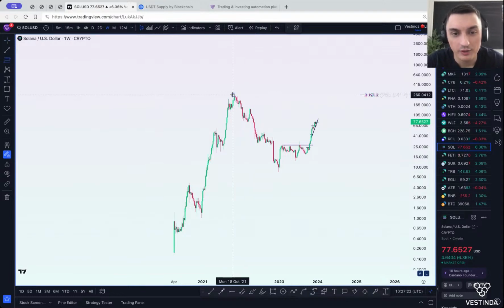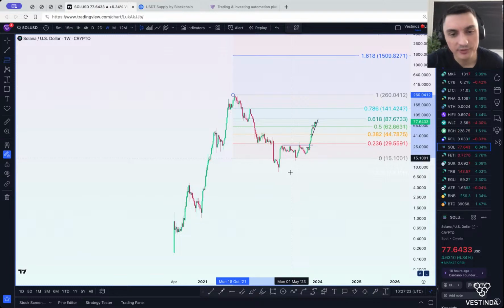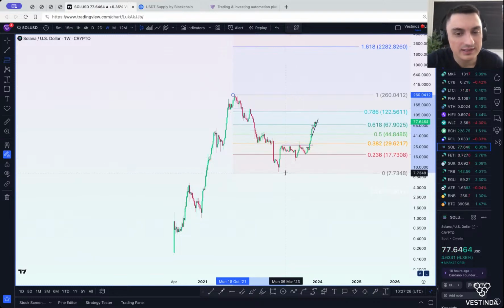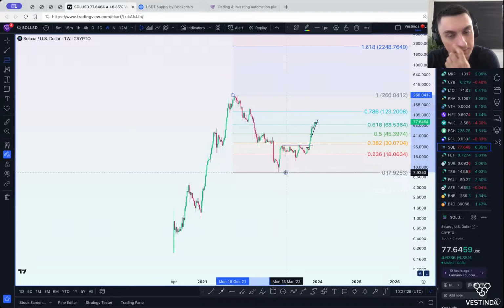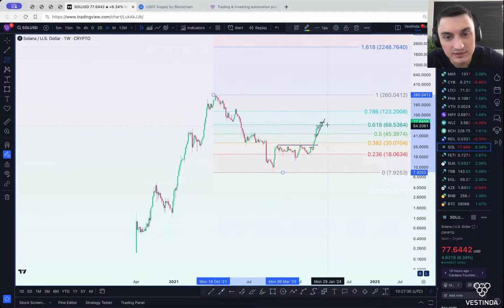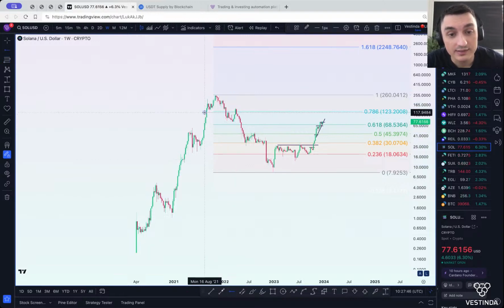So from a long-term perspective on Solana, you can see that we are currently just recently breaking from the .618 Fibonacci level. So we are probably hunting down 120, 123. This is the next level of resistance from a long-term perspective.